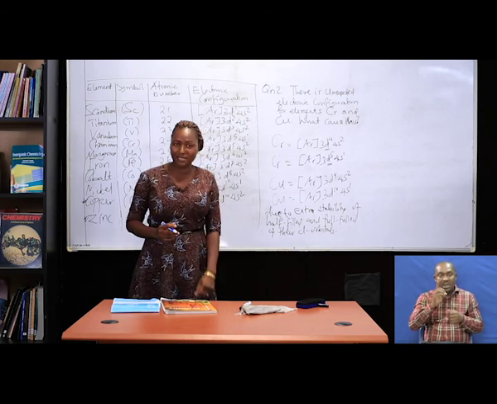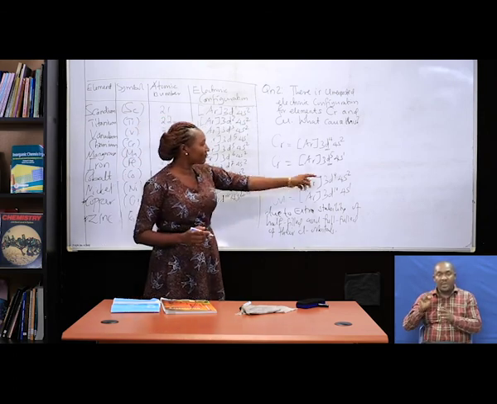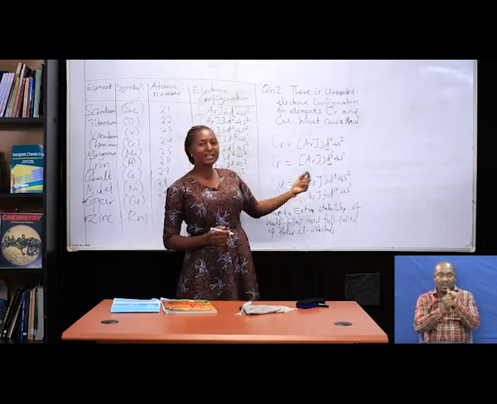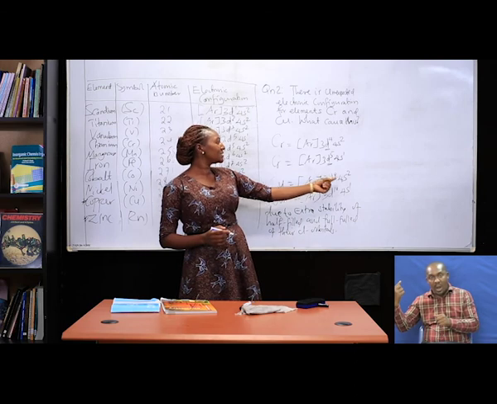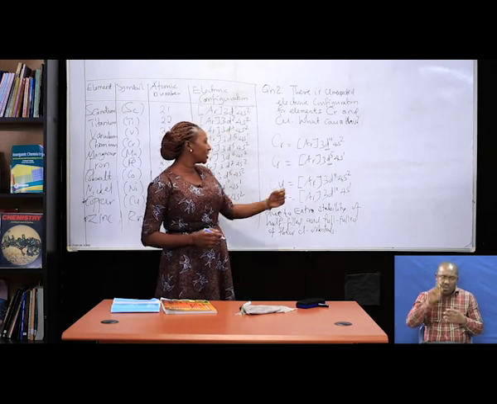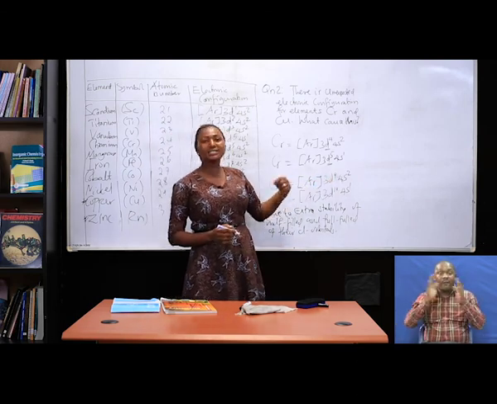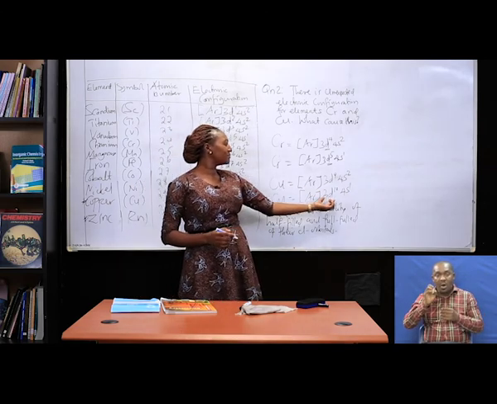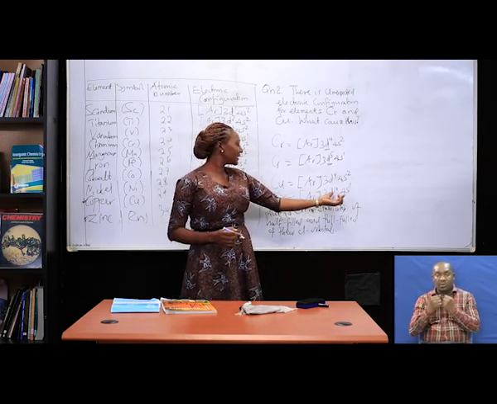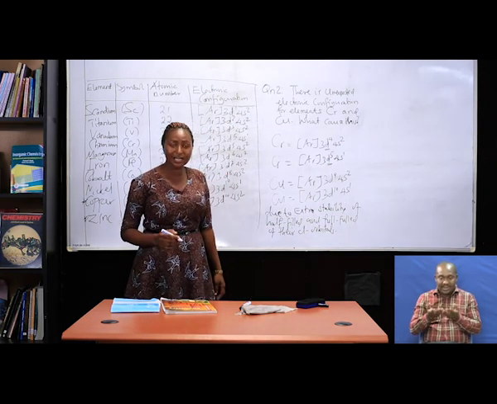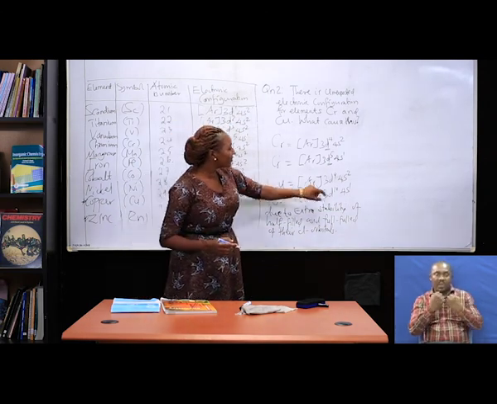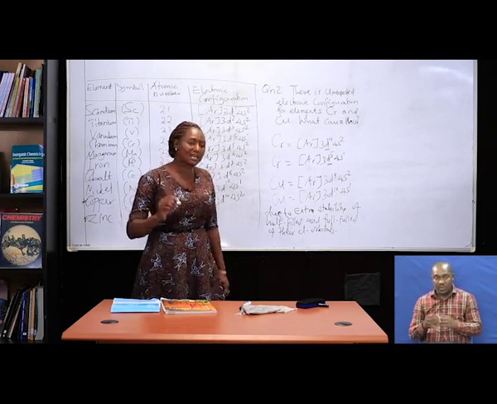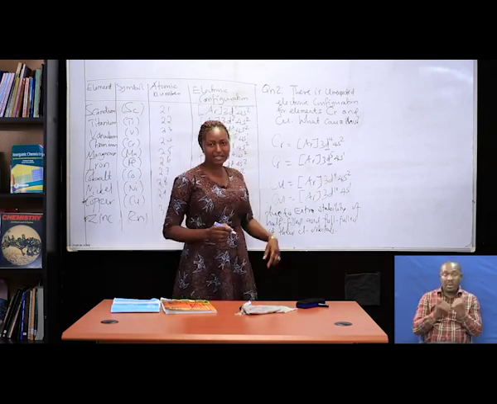Because the 3d has 9 electrons, 1 electron is moved from s to d to make it 10, so that the electronic configuration becomes 3d10 4s1. Therefore, 3d10 is more stable than 3d9.